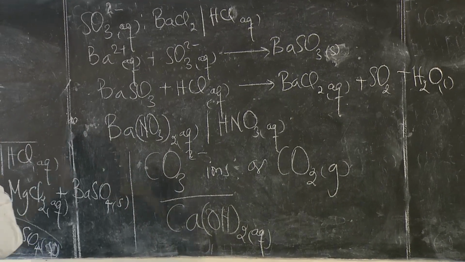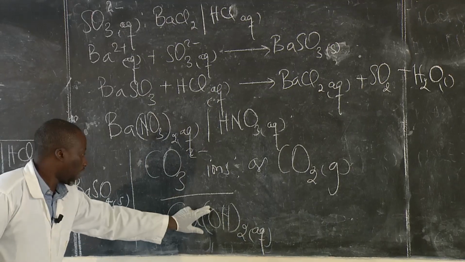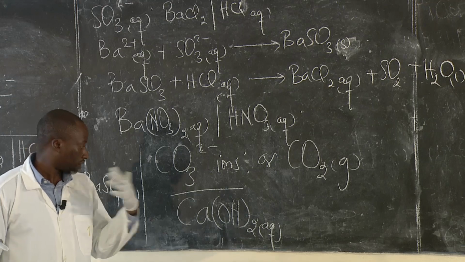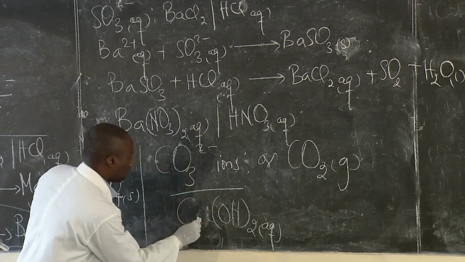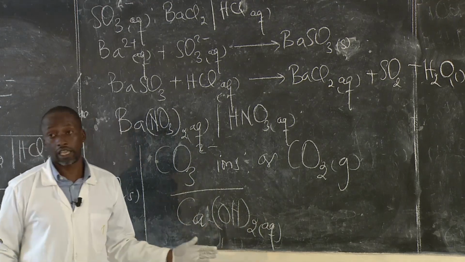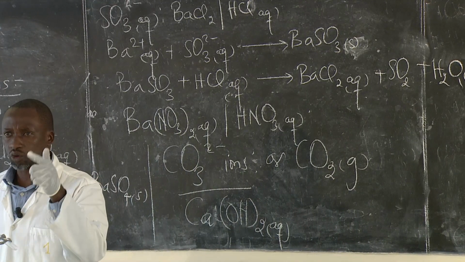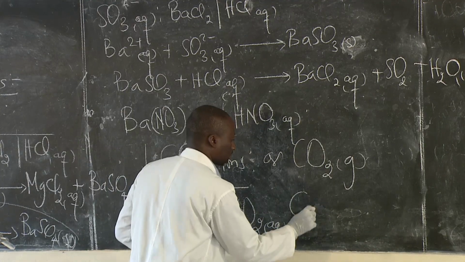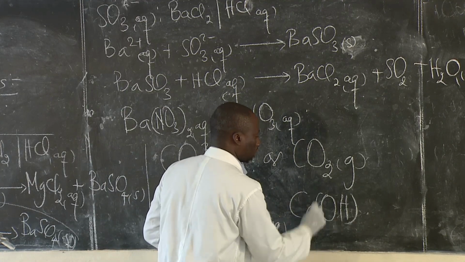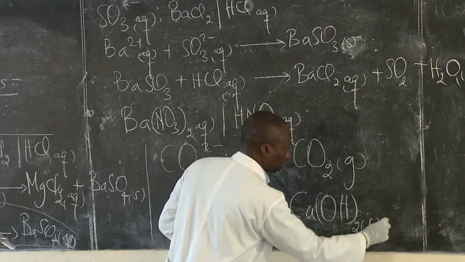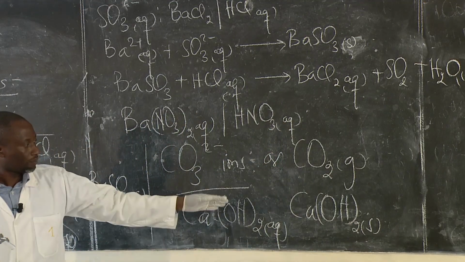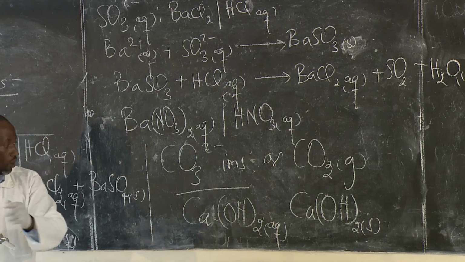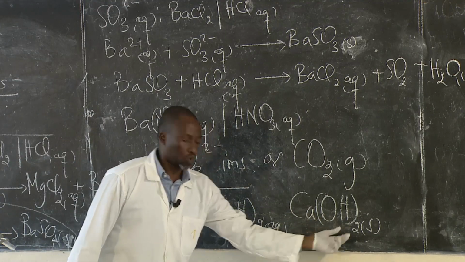Please, I have to emphasize this, because sometimes we usually make some mistakes here. We have calcium hydroxide, which is in solid form. So if I write this, calcium hydroxide, this is the solid form. This calcium hydroxide in solid form is different from this, though a solution of this one is this one.